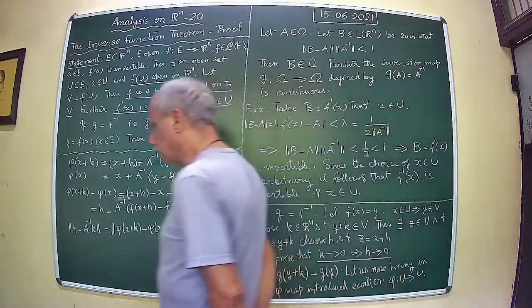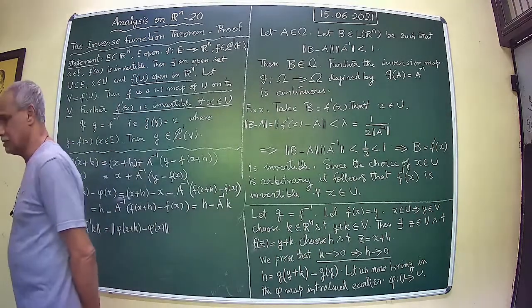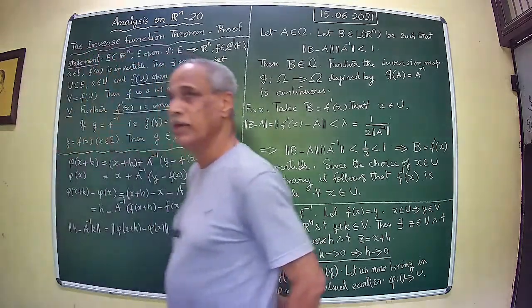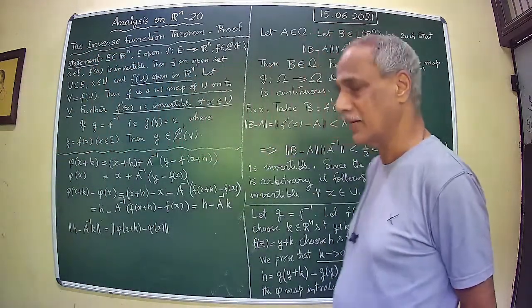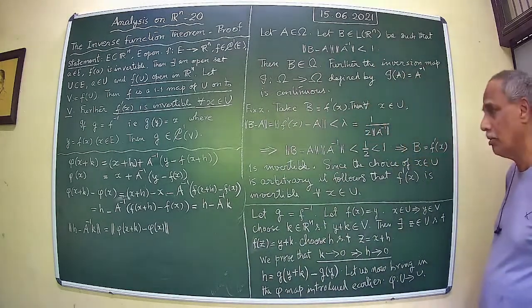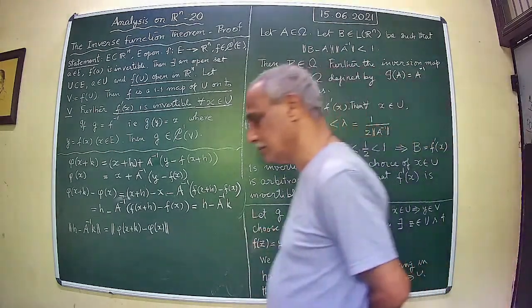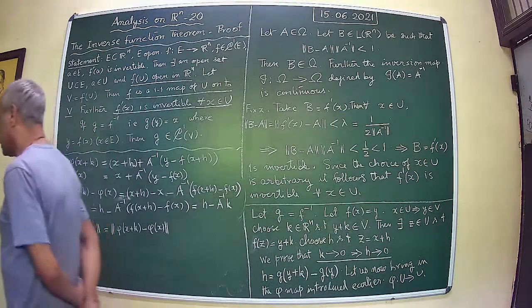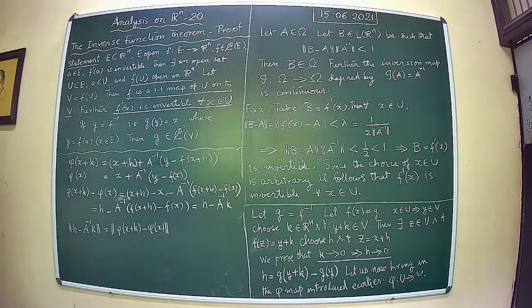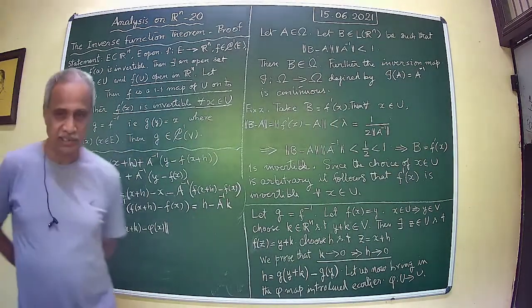One is the norm in Rn, the other one is a norm in Lrn. Now I am using the same notation, but one should understand from the context what exactly we mean by that notation.